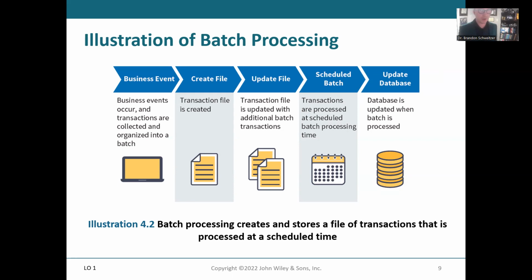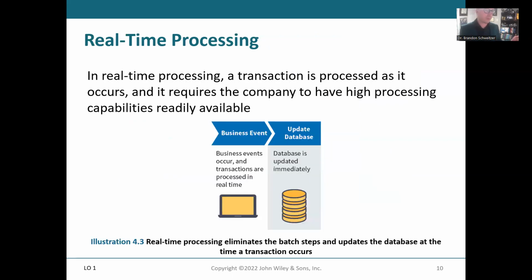So that's batch processing. When it comes to the real-time processing that I just mentioned, the transaction is processed as it occurs, and it requires the company to have a high processing capability. So transaction occurs, database updated immediately.